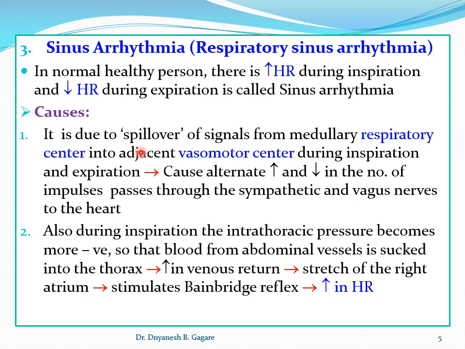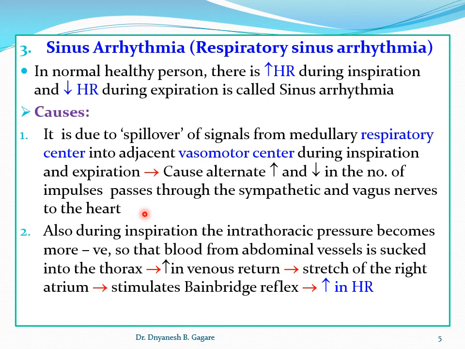Once the impulse is generated in the respiratory center, it also spreads slightly, or it also stimulates the adjacent vasomotor center. This stimulation of the vasomotor center causes an alternate increase and decrease in the number of impulses passing through the sympathetic and vagus nerves to the heart. And here simply there is an increase and decrease in heart rate.